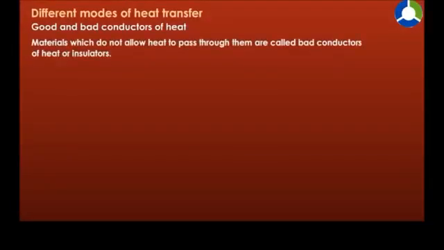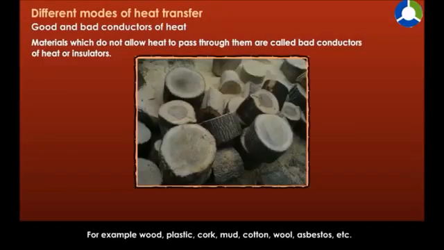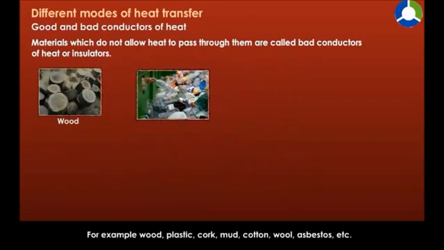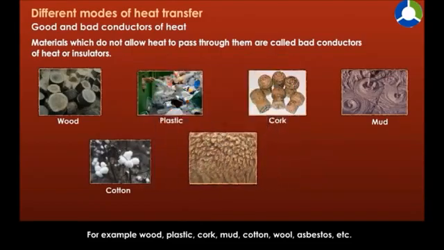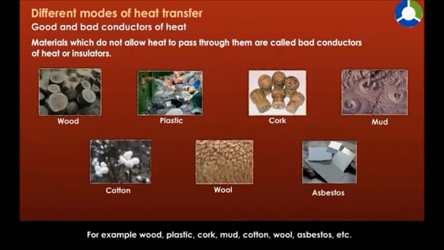Materials which do not allow heat to pass through them are called bad conductors of heat or insulators. For example, wood, plastic, cork, mud, cotton, wool, asbestos, etc.